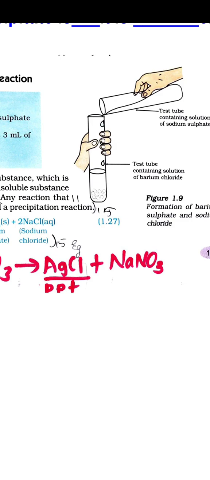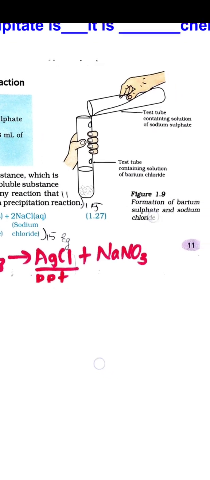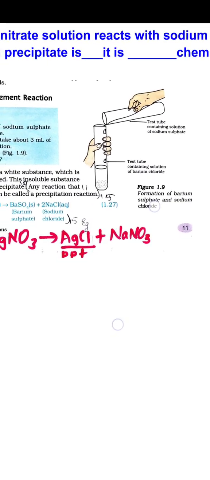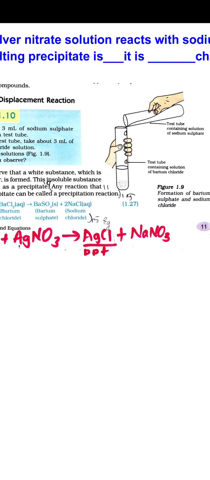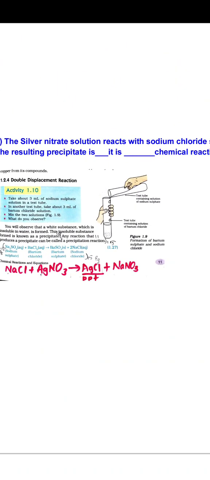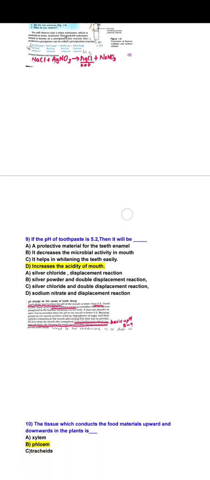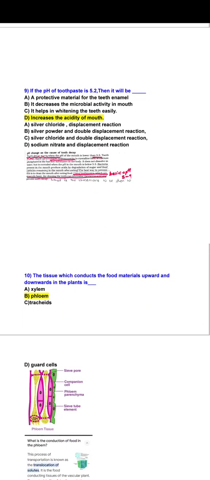We are getting silver chloride and NaNO3, that is sodium nitrate. So you will have AgCl, silver chloride, as the white precipitate, and this reaction is called double displacement because two ions are exchanged.